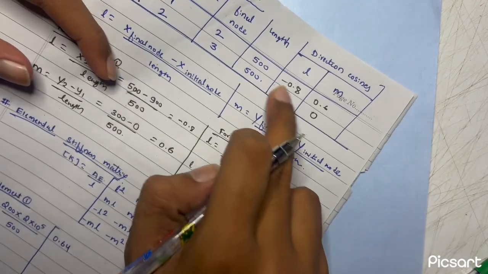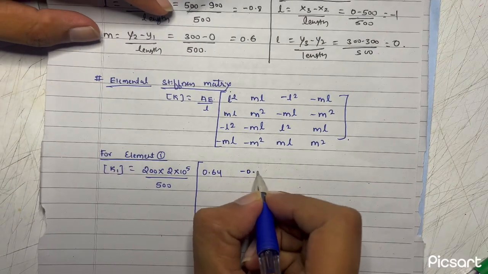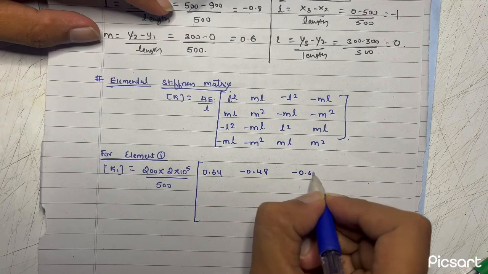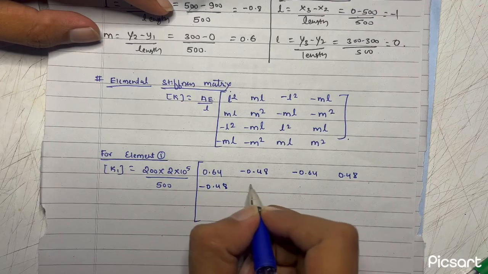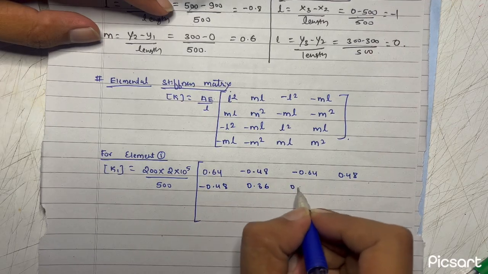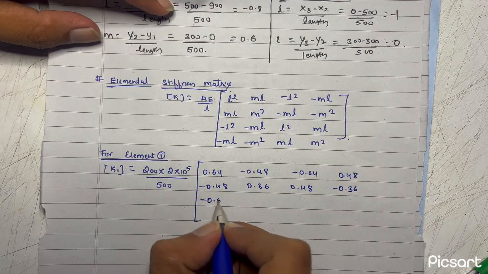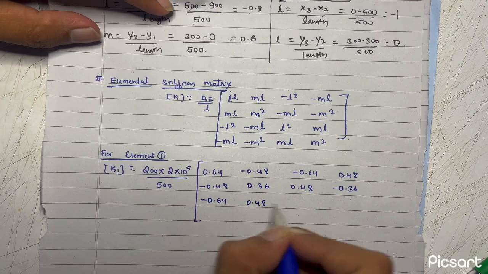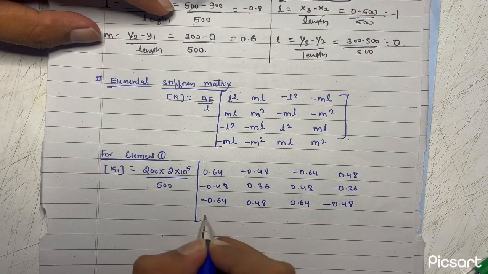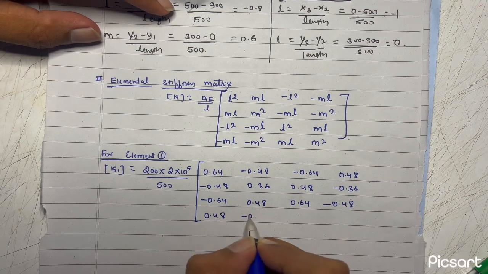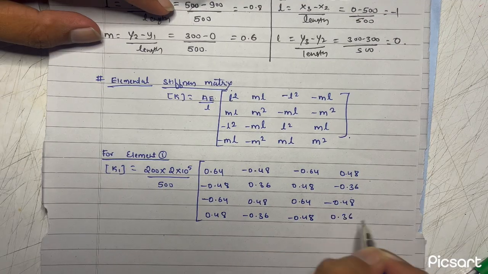Similarly, M into L, minus 0.8 into 0.6, gives minus 0.48, and so on for the rest of the matrix.